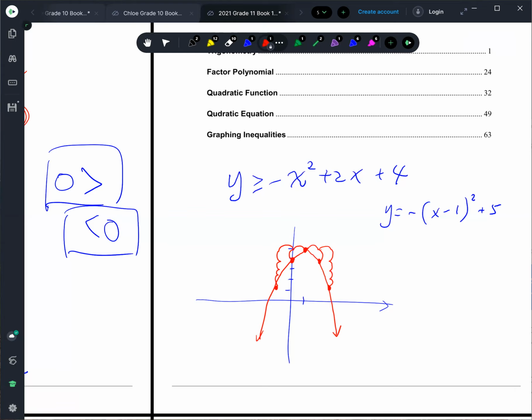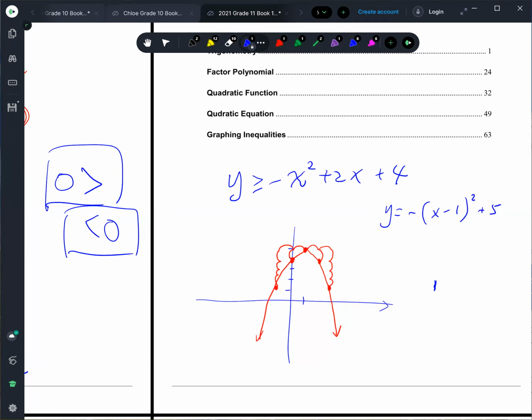This depends on the A value, right? If A is 1, then you do it like that. But if A is 2, then for the up and down counting, you need to times it by that number. If A is 2, then you go down 2, down 8. So the steps left and right are the same.